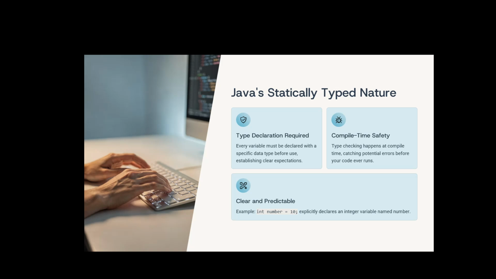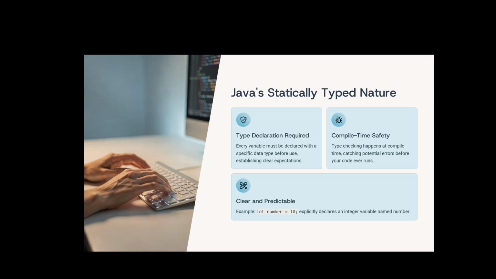What we understand by type declaration is, if I am using a number, I must specify the data type I am using. So I cannot directly just assign a number to a variable, but I would also have to mention the data type of that variable first. And that is why we say type declaration is required in Java. In fact, this helps to make it clear and predictable.